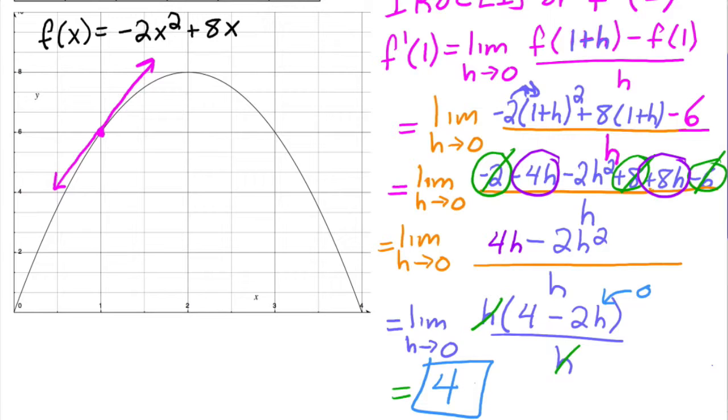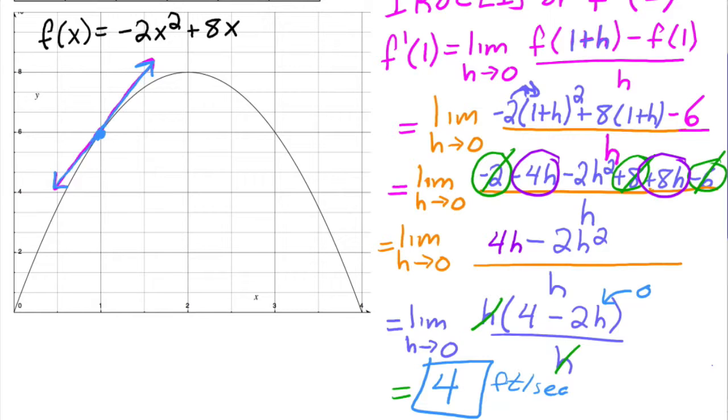So what this means, and this is in feet per second in this case, is that exactly at that instant when 1 second has passed, the ball is going 4 feet per second. Much like your speedometer tells you how fast you're going exactly at that instant. That's what this is telling us.